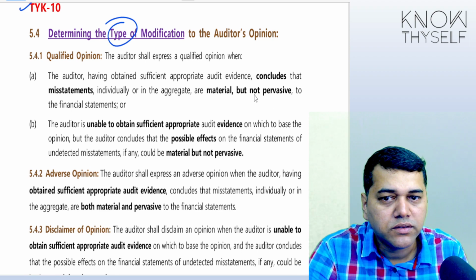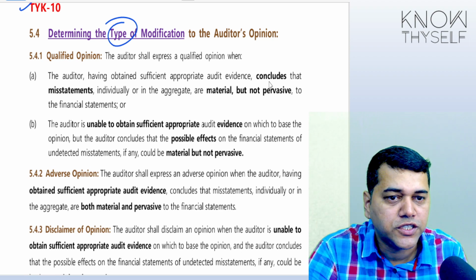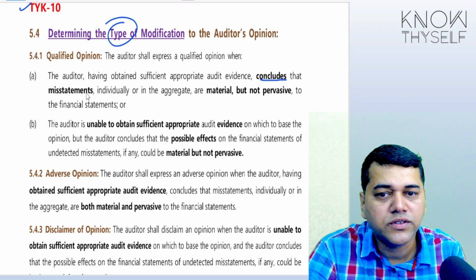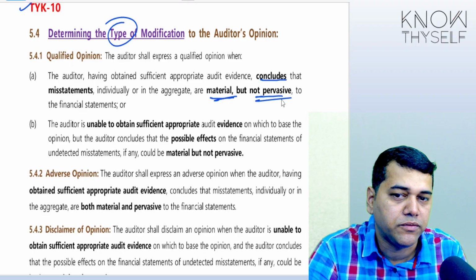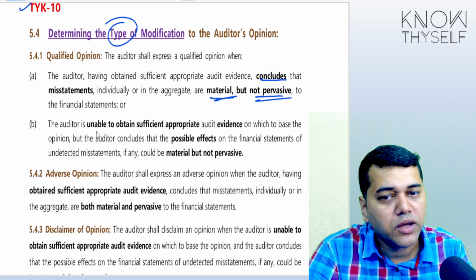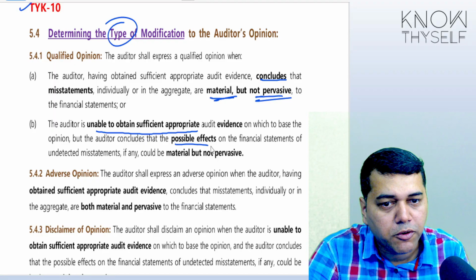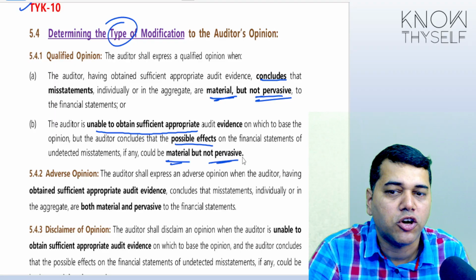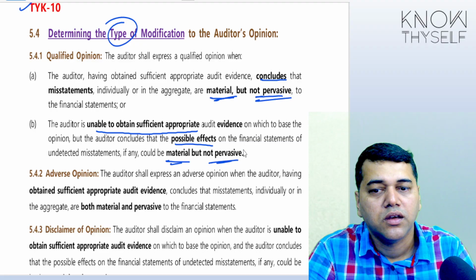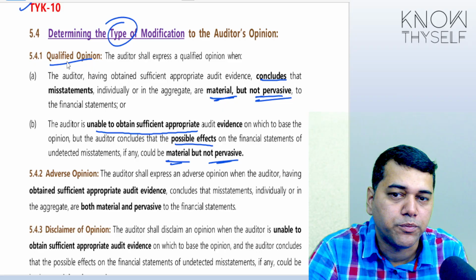Primarily, there are 2 elements. The auditor, having obtained sufficient appropriate evidence, concludes that misstatements are material but not pervasive, or you are unable to obtain evidence on which to base the opinion and the possible effects are material but not pervasive. This is when you give a qualified opinion.